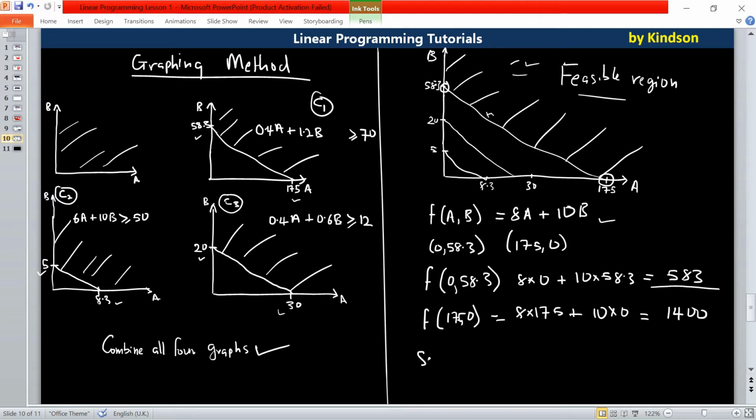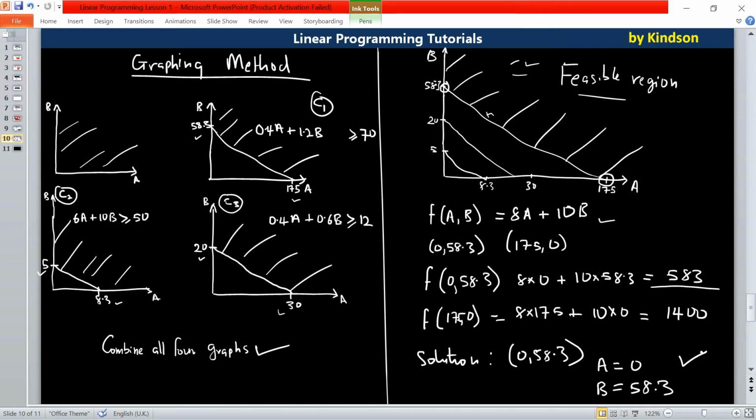So the solution is at this point at 0 and 58.3, which means A is equal to 0 and B is equal to 58.3.